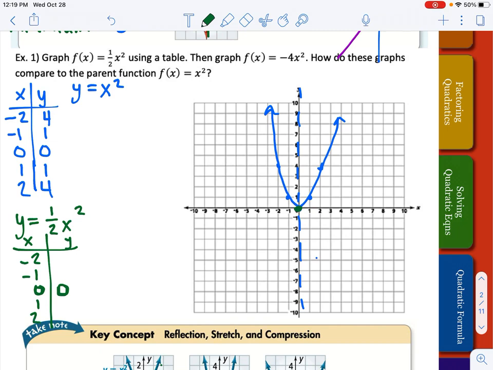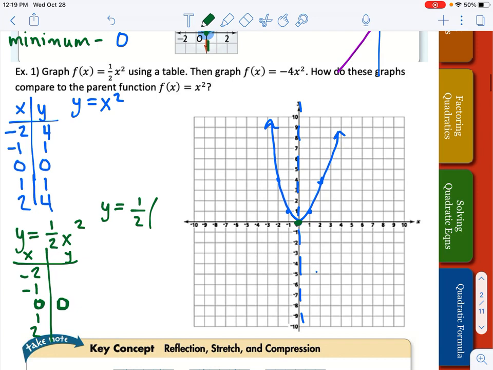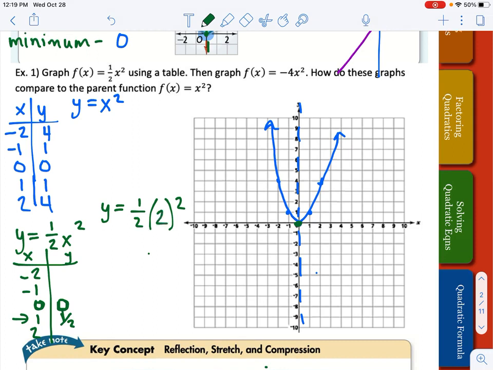And then I plug them in. So I'm going to use some workspace over here, y equals 1/2, parenthesis 1 squared. I know 1 squared is 1 times 1/2, so this answer is 1/2. Gonna replace this with a 2. 2 squared I know is 4 times 1/2 is equal to 2.